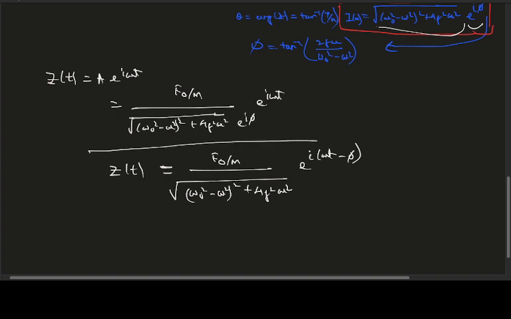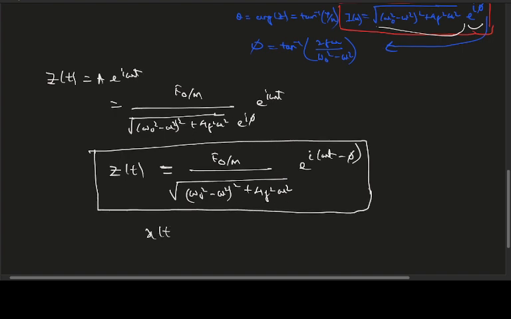We wanted this, but not exactly this. We wanted x of t. So x of t, as you know, z of t is of this form, e to the power i omega t minus phi. So we know e to the power i theta is cosine theta plus i sin theta. So x of t is just the real part of z of t, the real part of e to the power i theta.